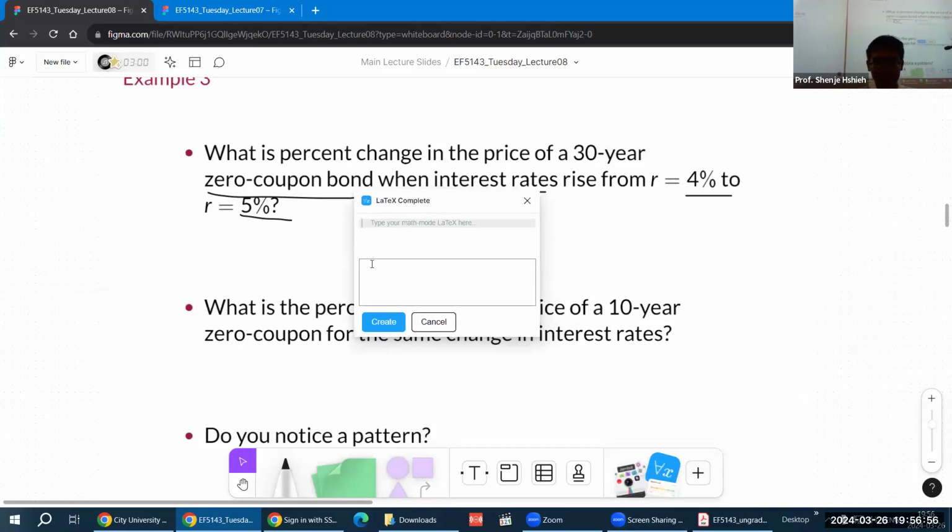All righty, so let's do some P0 equals. So how do you price this bond at 4%? Let's calculate the price of the bond at 4% interest rate, and then calculate the price again at 5% interest rate, and then calculate the percent change. That's the exercise. So suppose we are at 4% with 0 coupon. It looks like this to calculate it. Let me do fractions here because it looks ugly otherwise.